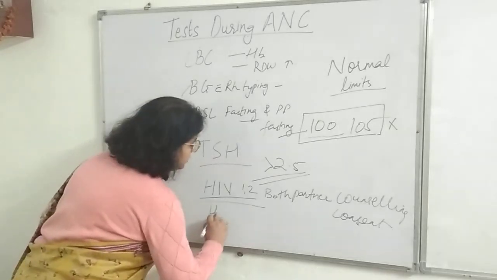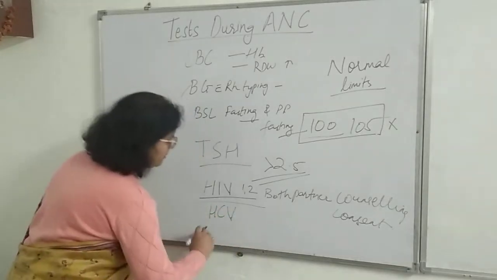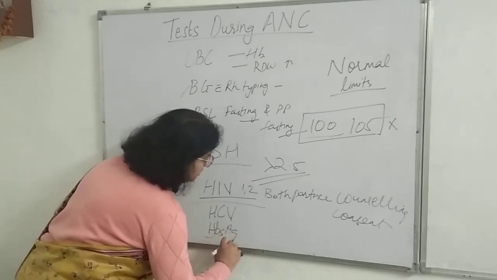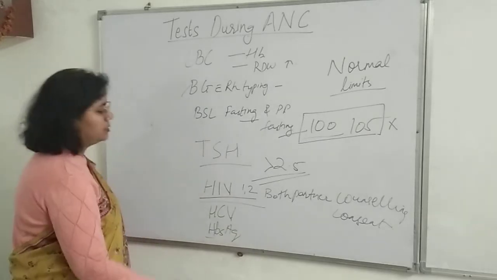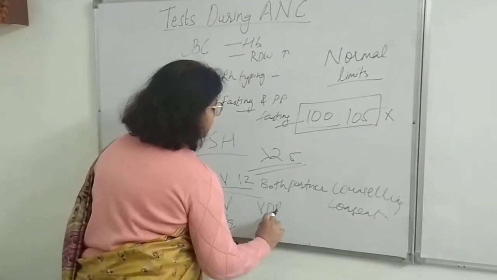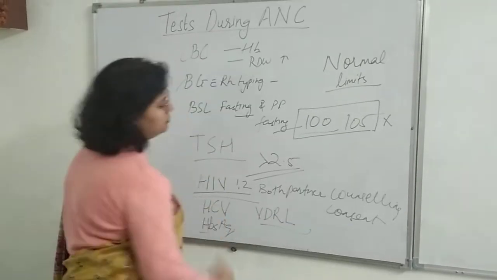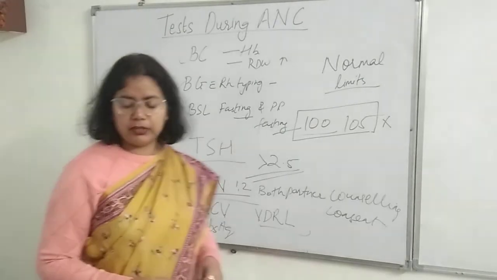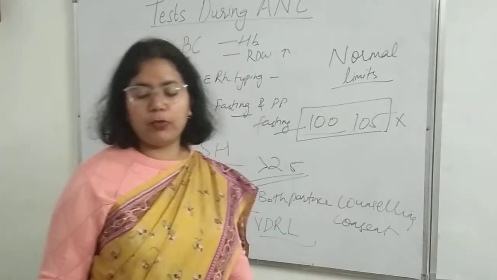Then HCV testing for hepatitis C, HBsAg testing for hepatitis B. These are screening tests, and VDRL. It is being done routinely. Earlier days, syphilis was a difficult thing. It was common also.